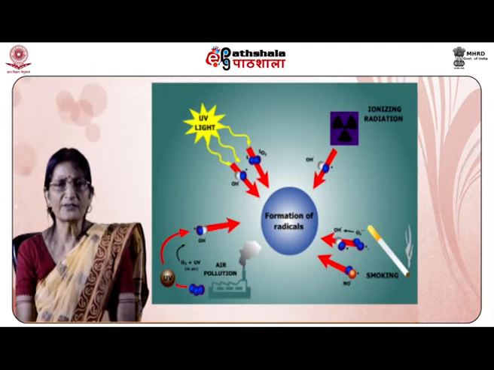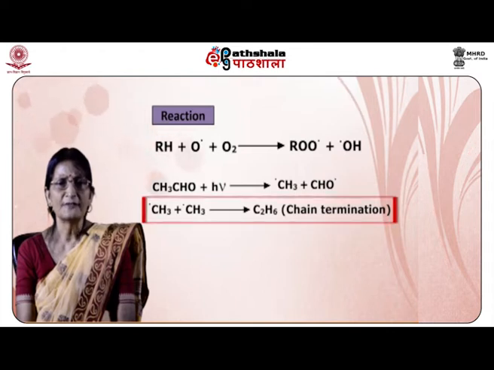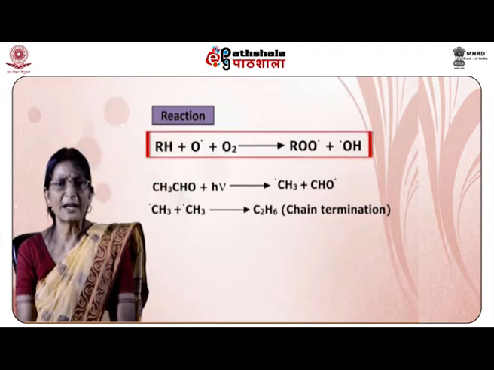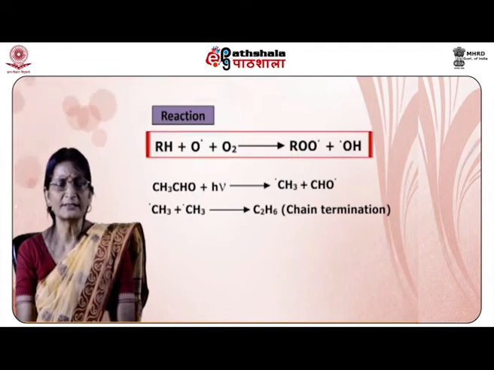The half-lives of radicals at high altitudes may be several minutes or longer. Radicals are used in chain reactions, in which at least one of the products formed is a free radical again. Finally, the chain may be terminated by the combination of two free radicals. Some such reactions, for example, are RH, an aliphatic hydrocarbon, combining with the oxygen radical to give a peroxo radical plus a hydroxyl radical.